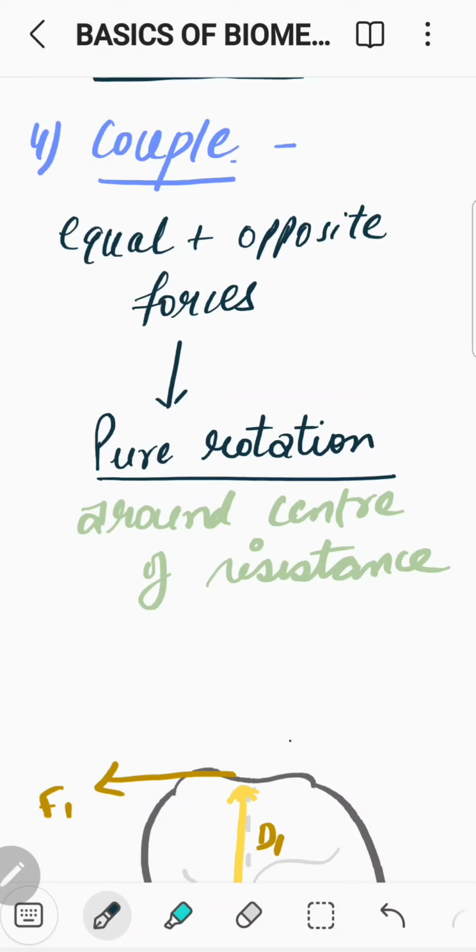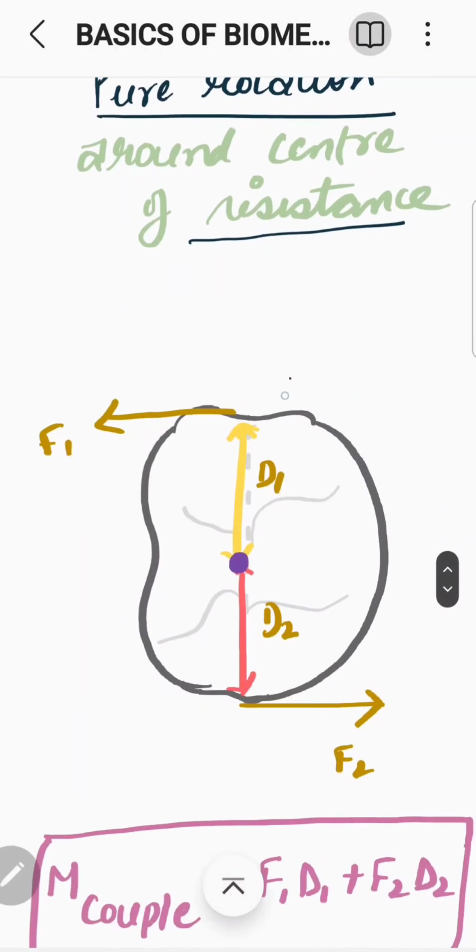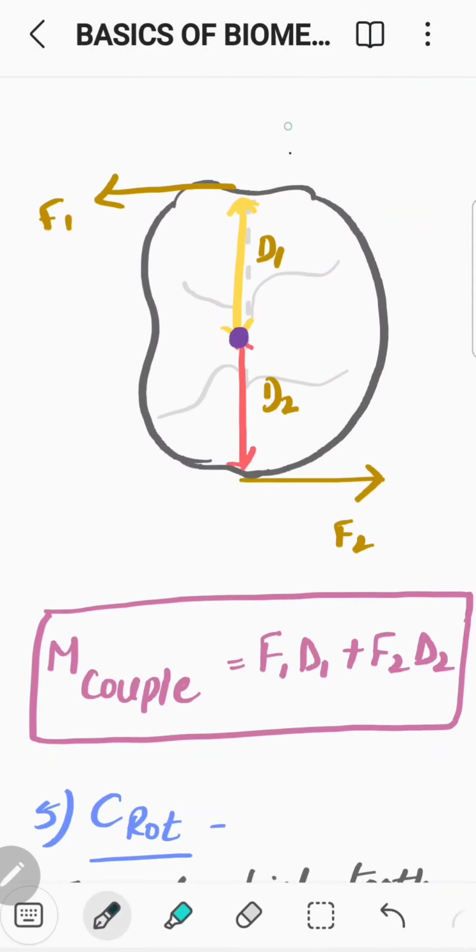Next is couple. When two equal and opposite forces are applied to the tooth or the surface of the tooth which are non-collinear in action, that will produce a pure rotation around the center of resistance. If you look at the diagram given below, here are two forces which are equal and opposite in direction. This is the tooth which is being rotated.